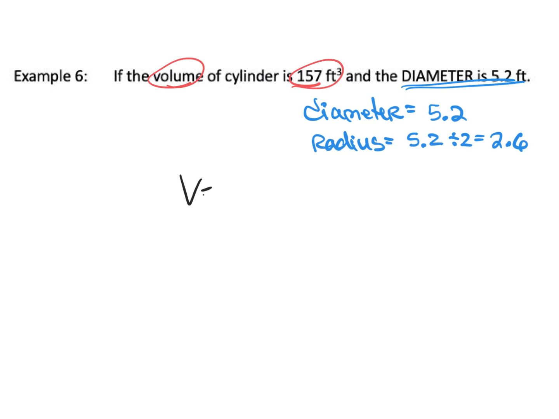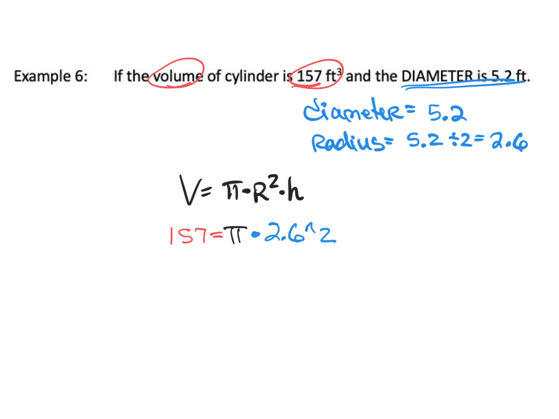Okay, so again, we have our volume of a cylinder, not a sphere. So our volume is pi times radius squared times height. So volume was 157. Pi is pi, right? Our radius is 2.6 to the power of 2.